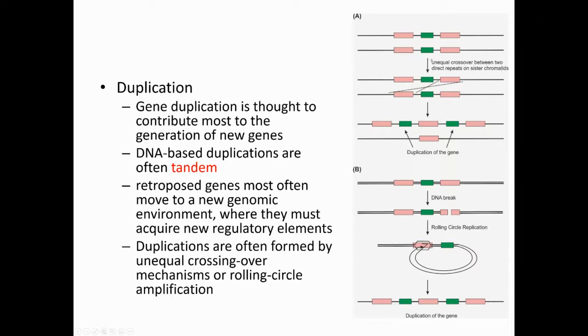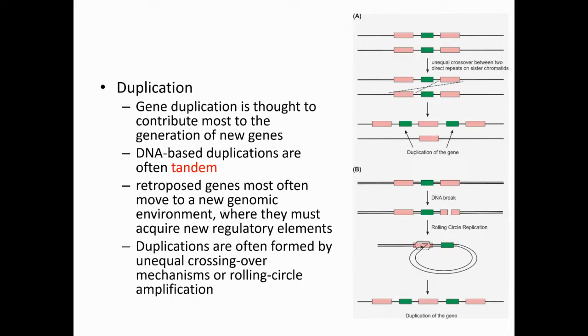So that's the unequal crossing over mechanism. And also you can have this rolling circle amplification mechanism to duplicate the gene. These are two mechanisms that contribute to the duplication.